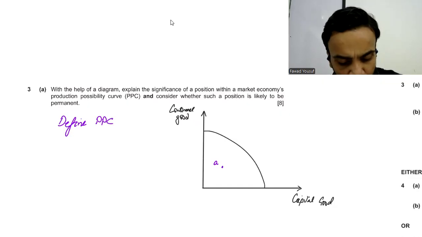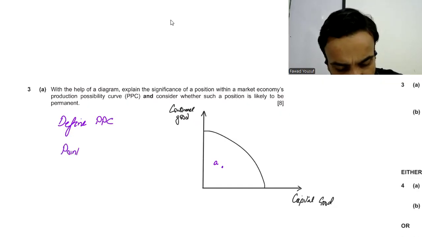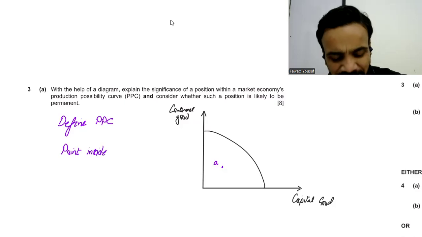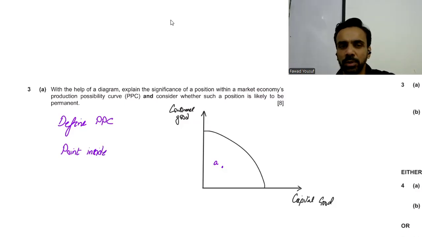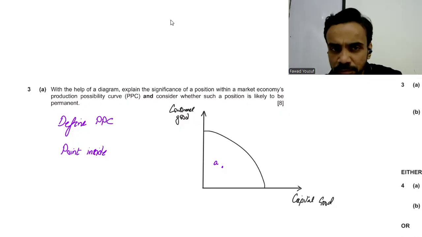But I would like to discuss what this point inside means, that we know that this combination is producible, but we know that our factors of production are not being utilized fully.